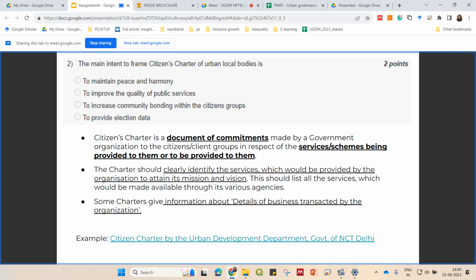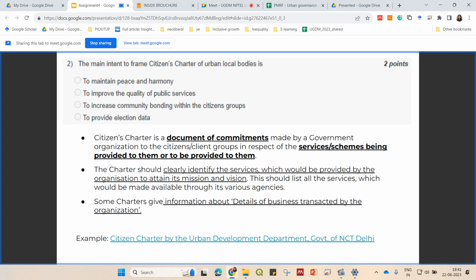This charter clearly identifies that service which should be provided, and it clearly communicates what its mission and vision is related to that service. It should list all the services which would be made available through various agencies.